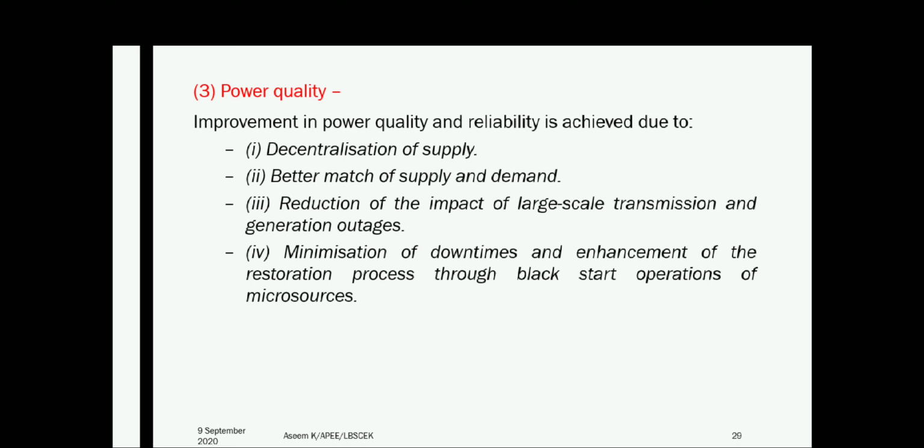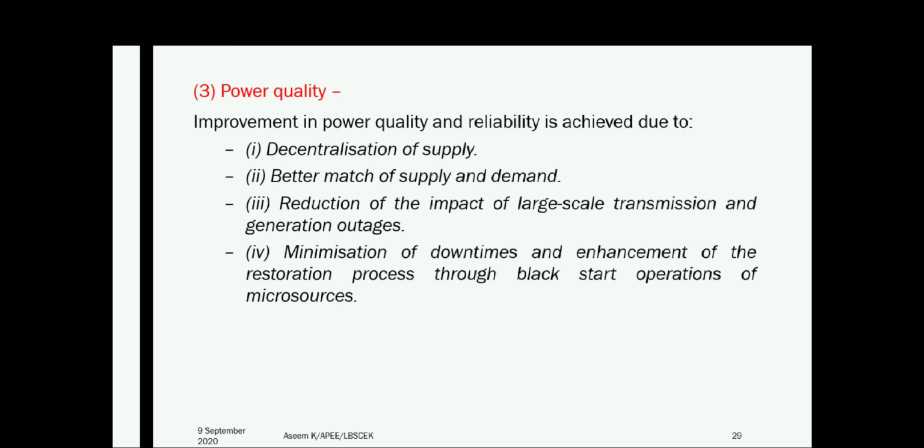And in case of a microgrid, which is a small grid, if a fault occurs in your microgrid, you can restore the entire power system very fast, rather than in a conventional power system.